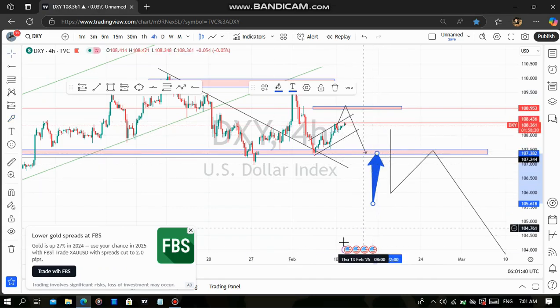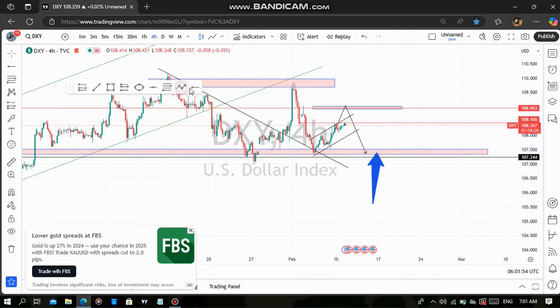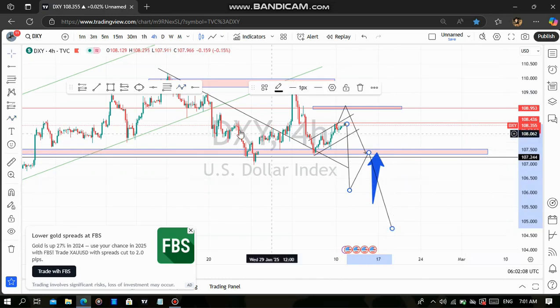So the first thing is for us to wait for the market to break through this support level and retest it. Then we can take our sell trade. So something like this. From this point, wait for a clear breakout on this particular support level, go back for a retest where we can now take our sell trade.